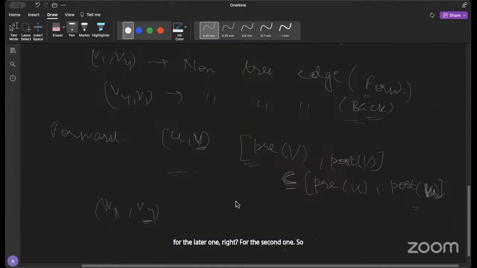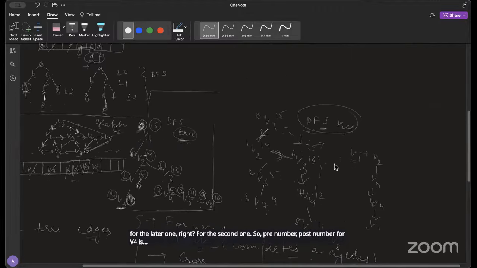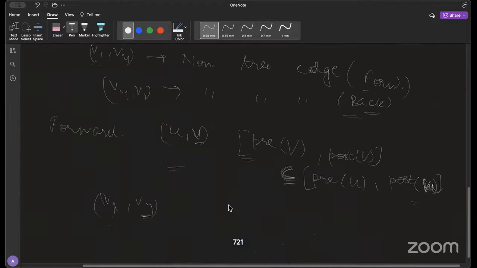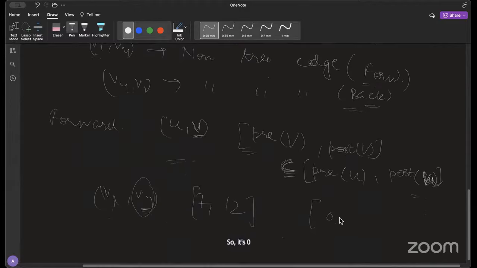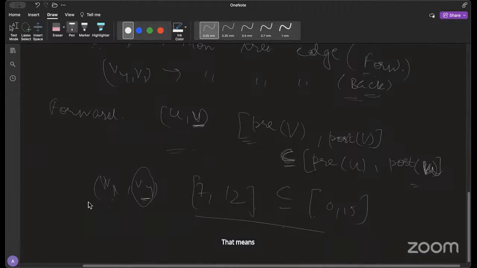The pre-number, post-number for V4 is 7 to 12. We first write for V, and then the pre-number, post-number for U, which is V1. So it's 0 to 15. Because this is contained in this, it's a forward edge. So this is a forward edge in the original graph.